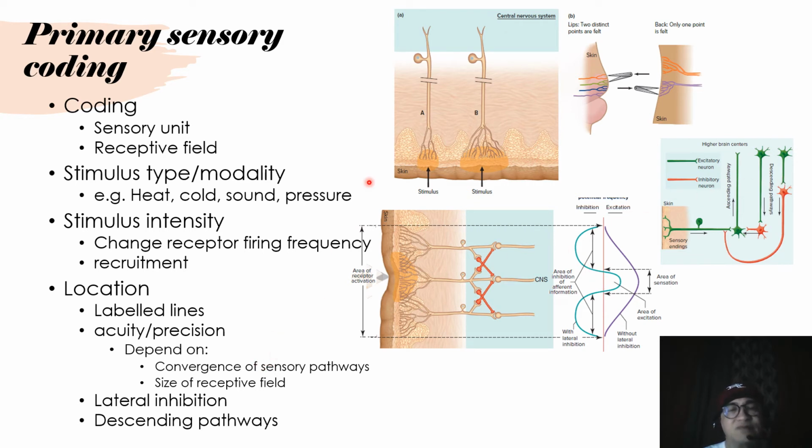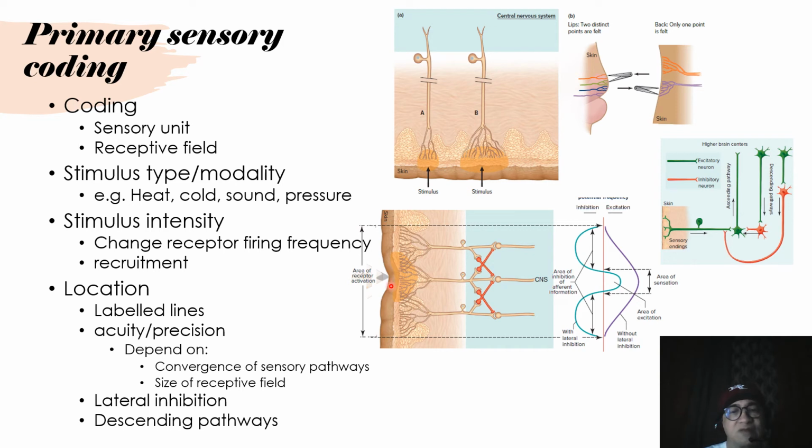Lateral inhibition occurs when afferent neurons at the edge of the stimulus are strongly inhibited, compared to the activity of the neuron at the center of the receptive field.